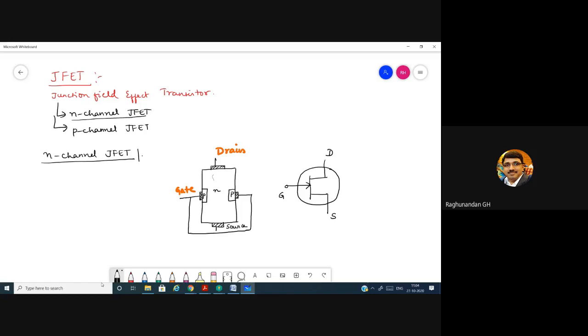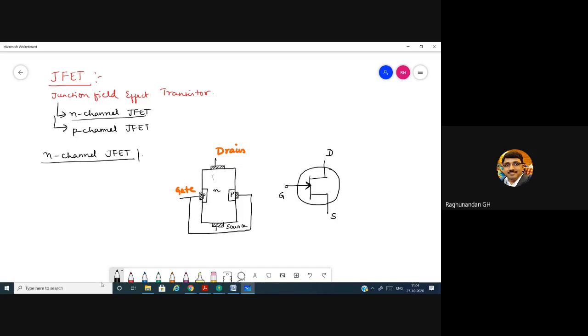So how you are going to identify the symbol is, if this arrow mark is towards this line, then it is N channel.